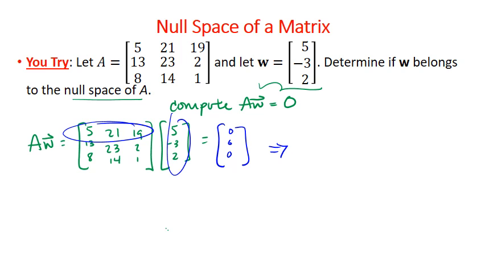So this tells us that vector w is in null of A. Not so bad.